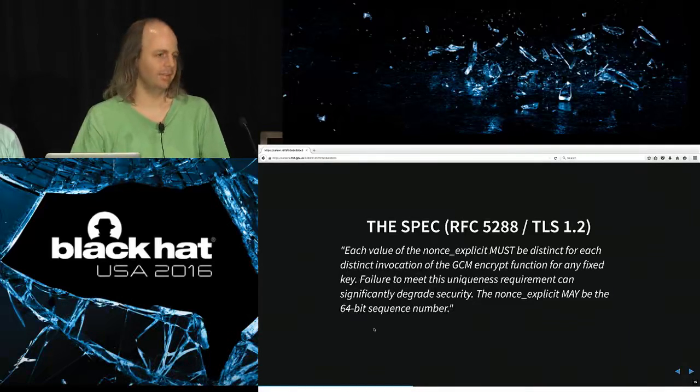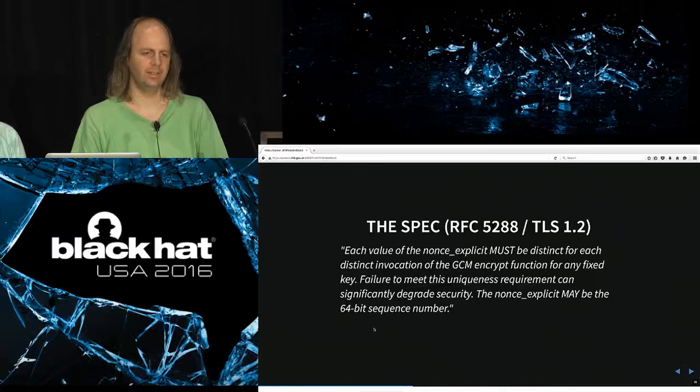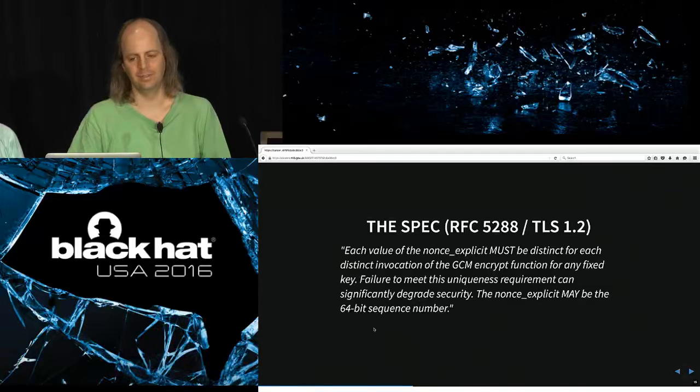And it's not written down that a random value may be risky. It says, however, that you may use the sequence number from the TLS record, which is a reasonable recommendation, and it's kind of unclear why they didn't say this is simply a must, because then these issues wouldn't happen. And then you could just skip sending the nonce, because the implementation already knows the TLS record number.